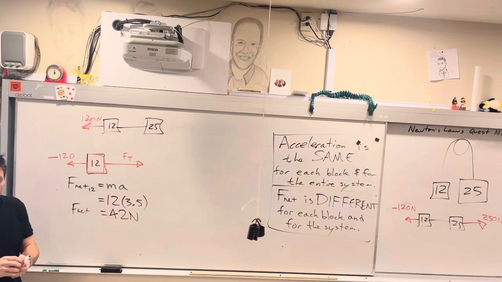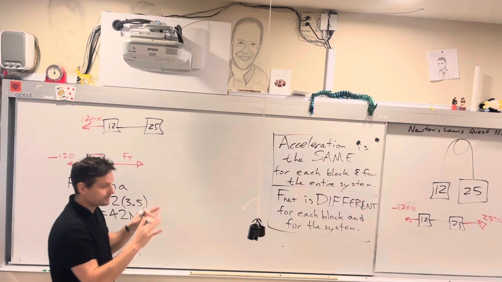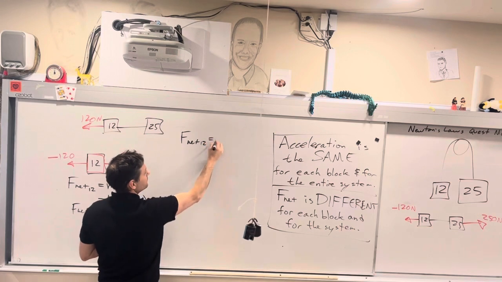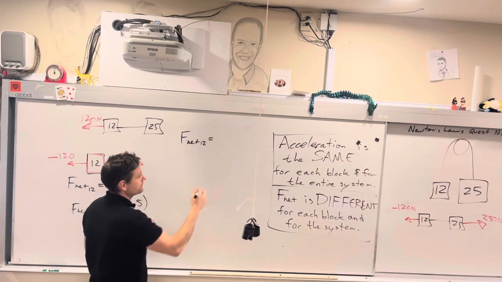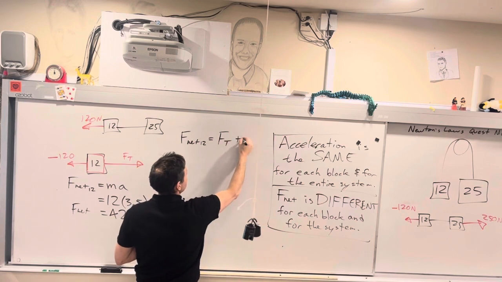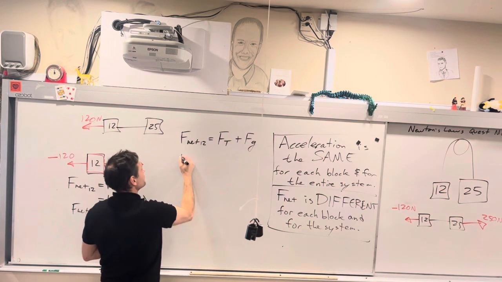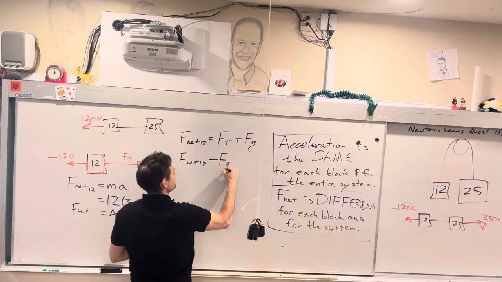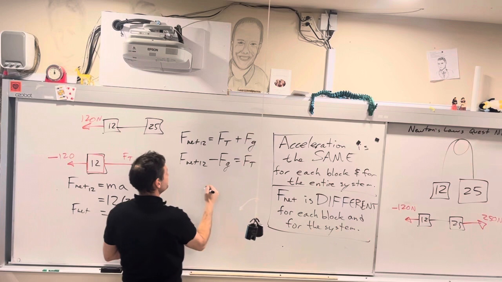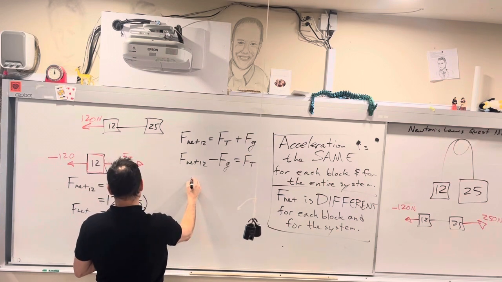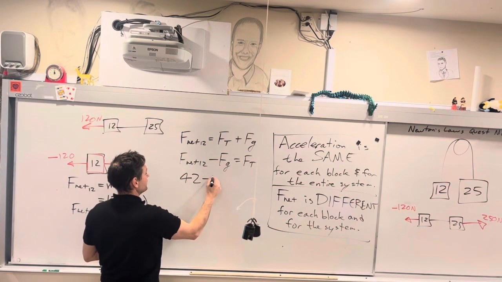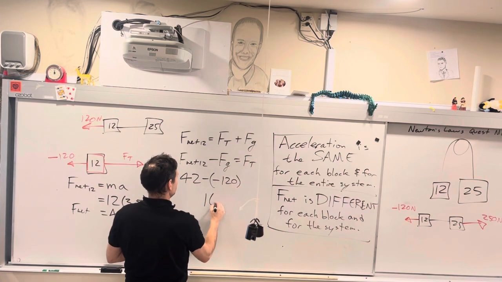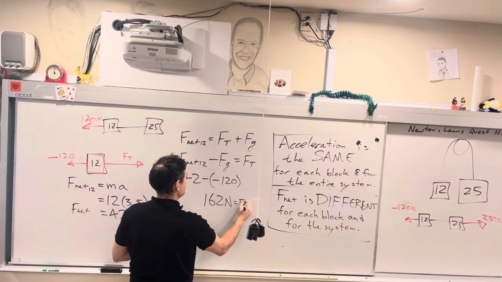If you're mathy, you're going to be like, no. We're going to say the net force on this 12 is the sum of the forces acting on that block. So we're going to say it's Ft plus Fg. And then we're going to solve for this Ft, so we're going to have to subtract our Fg over. And so this is 42, right? And then we're going to subtract negative 120, and that's going to give us 162 newtons.